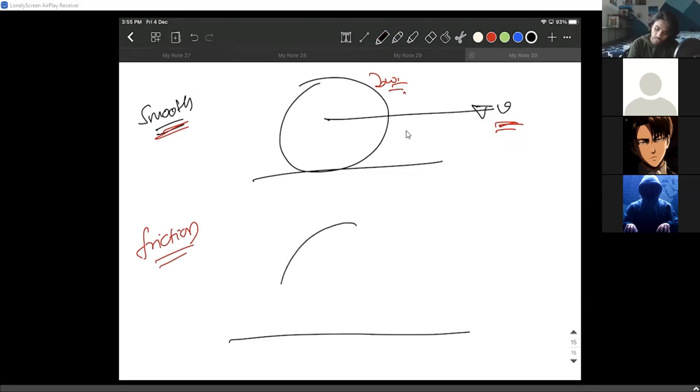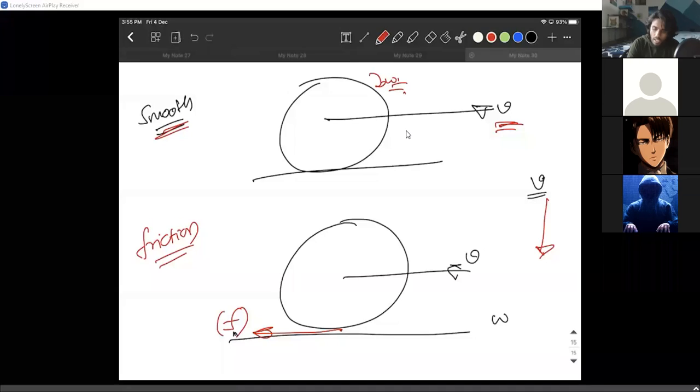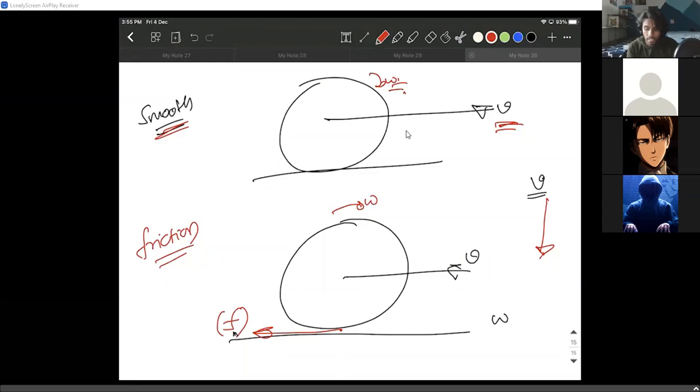If there is friction, you can clearly understand the bottommost point is sliding forward, so it will experience friction backwards. Let us say V is very high and omega is a very small value. This friction is going to bring down the velocity V. The friction is clearly opposing the linear velocity, but the friction creates a torque that supports omega.